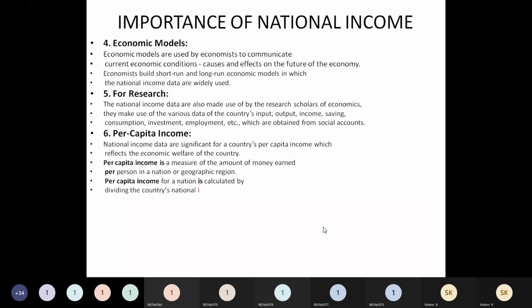So how this is calculated means you are going to take into consideration the total national income and divide it by the population in that particular area. That will give you per capita income.